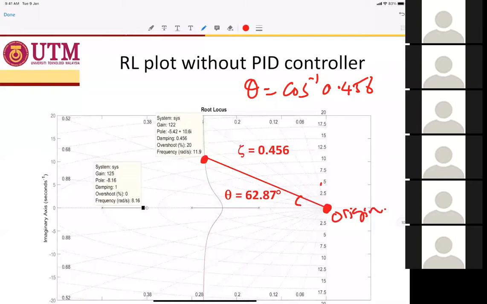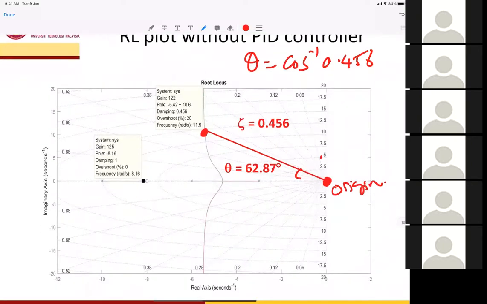What is the value of the dominant pole? It's written there. This point. No wonder, you push marks all down, all a blur.